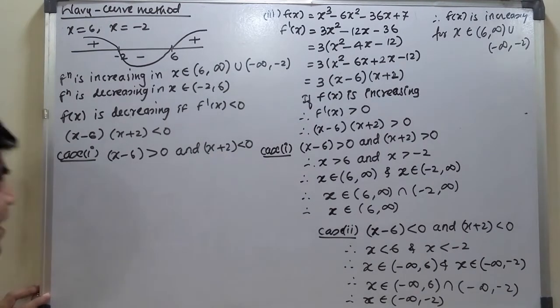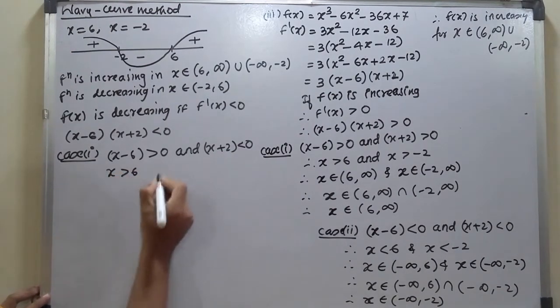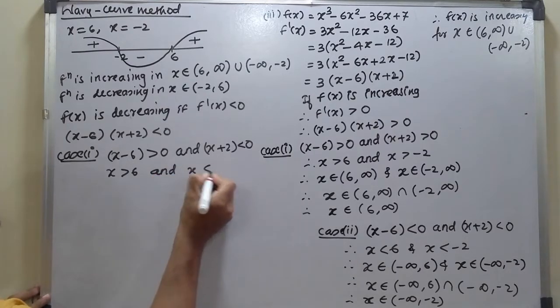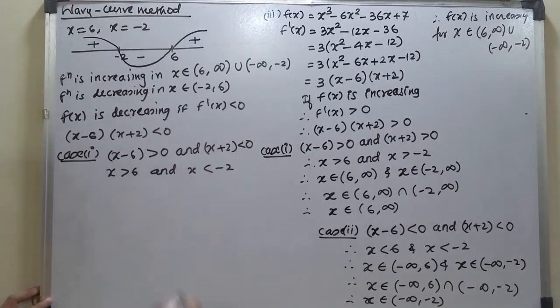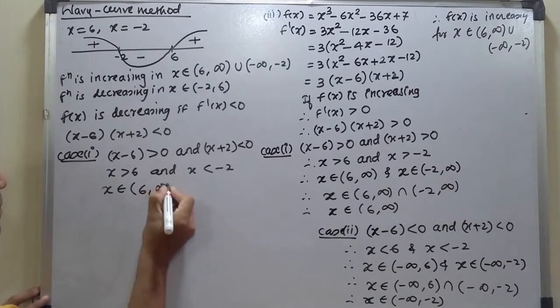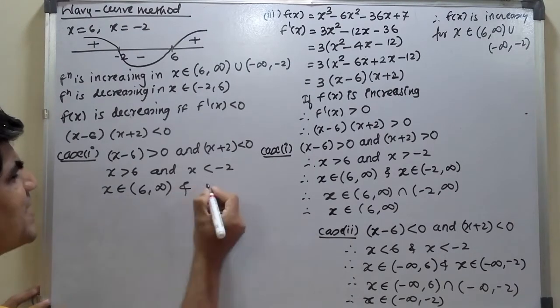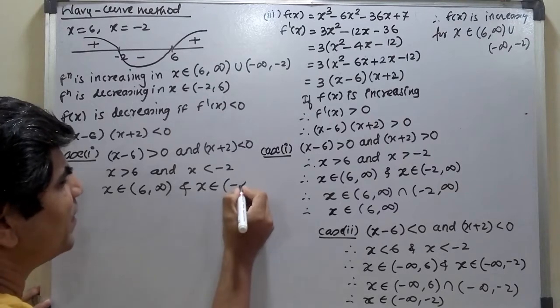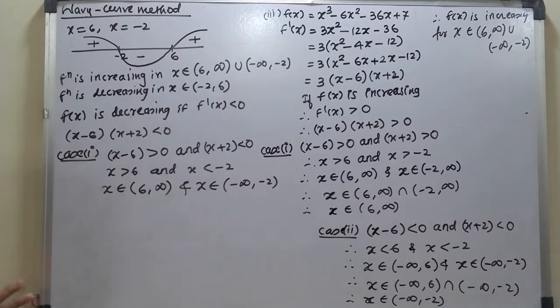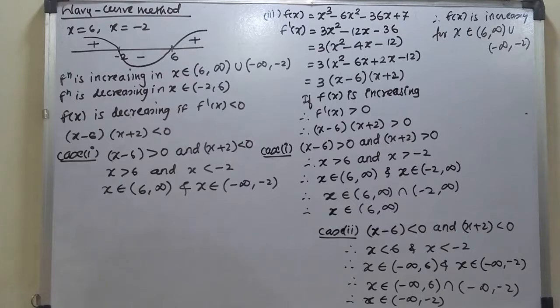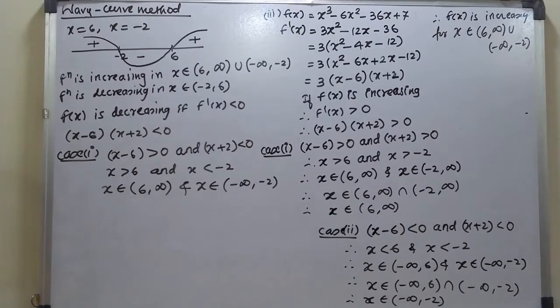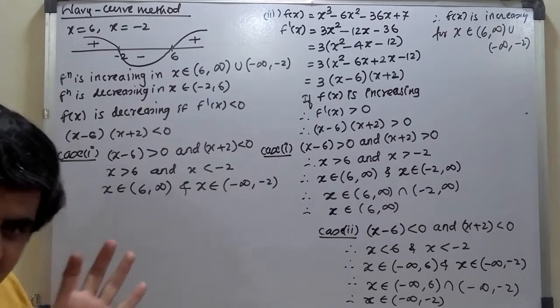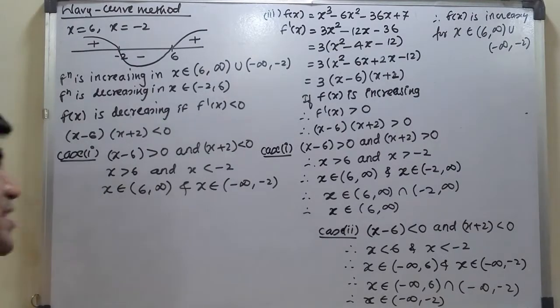So obviously x must be greater than 6, and at that time x must be less than minus 2. It means x must belong to the open interval 6 to infinity, and at the same time x must belong to the open interval minus infinity to minus 2. Okay, that means we require a common part in this and this, and there is an 'and'.